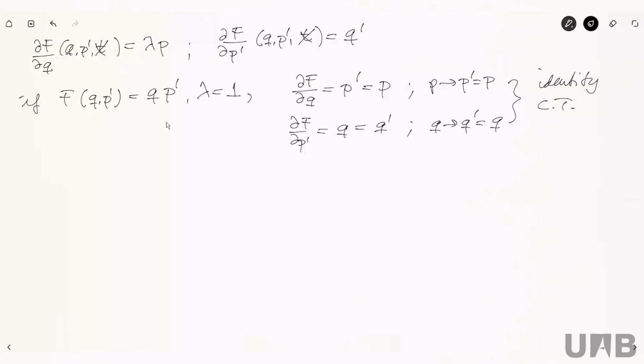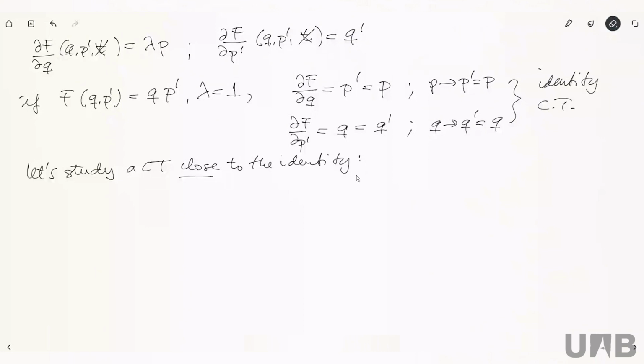Okay, so let's study a canonical transformation close to the identity. Okay, so not just this, but just a small variation with respect to it.